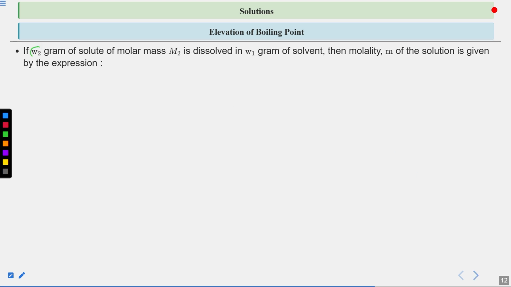Further, if we take the values of the masses as well, then we can write molality as the number of moles of the solute, which is given mass by molar mass, divided by the mass of solvent in kg. Since the mass of the solvent is given in gram, divide it by 1000 to get it in kg. Just rearrange and get your molality.